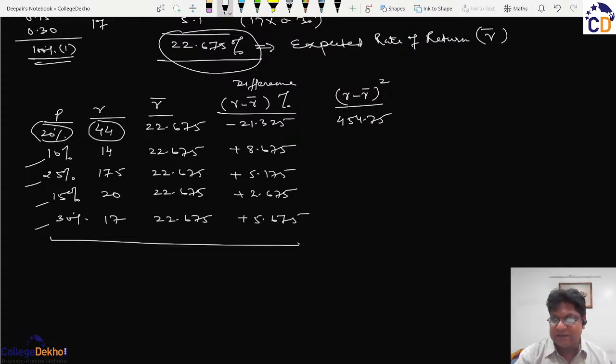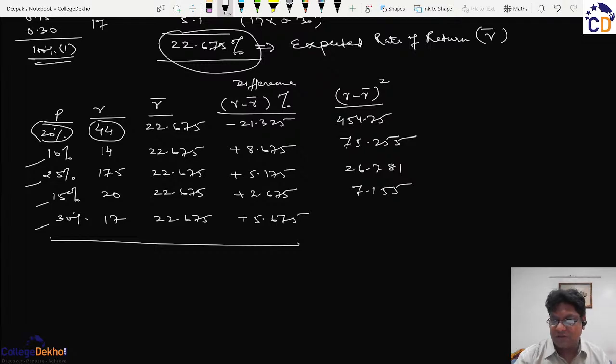In the second case, 8.675 multiplied by 8.675 comes out to be 75.255. Similarly, 5.175 squared comes out to be 26.781. 2.675 multiplied by 2.675 gives a figure of 7.155.